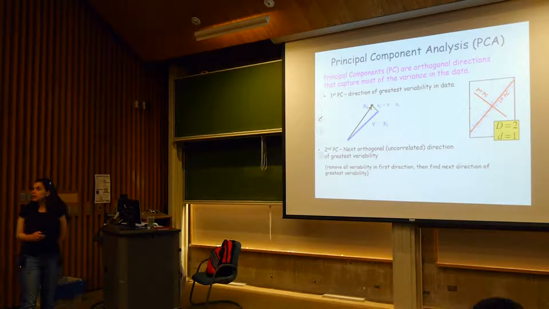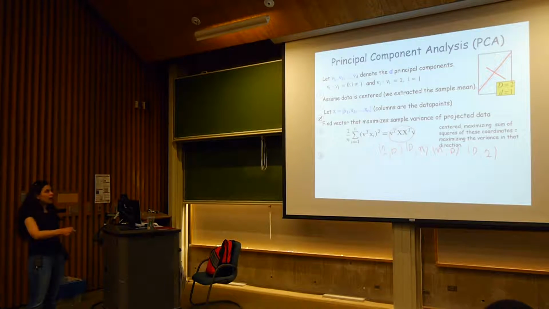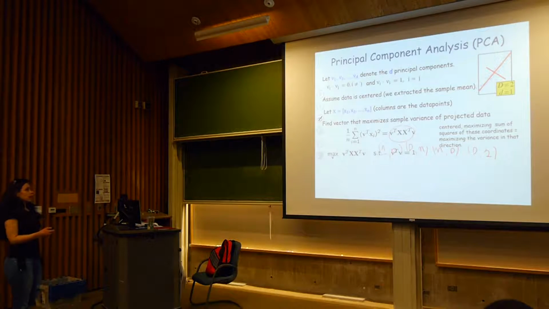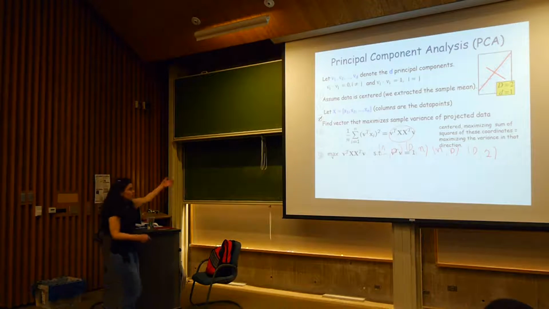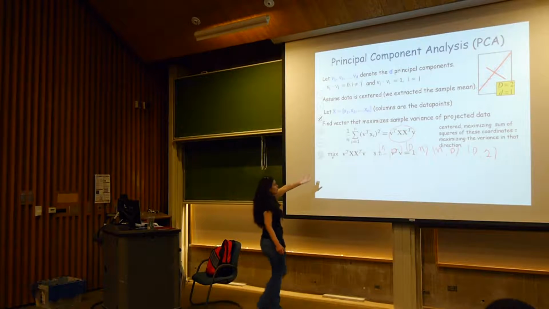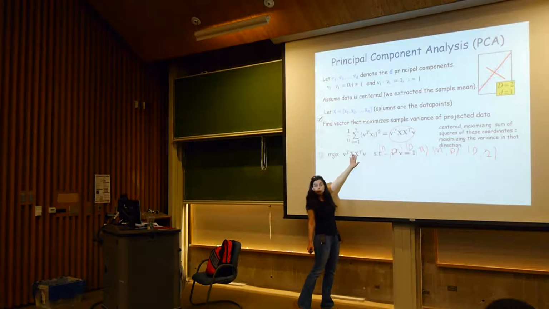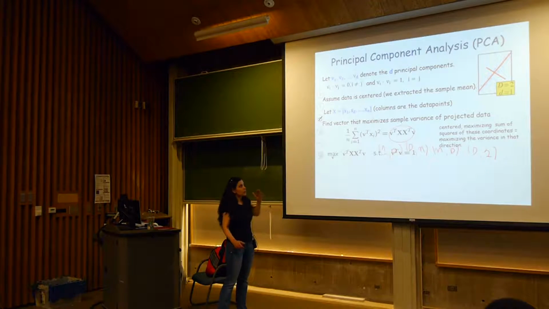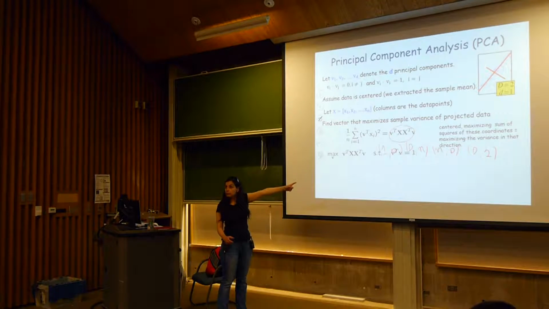That's why, when the norm of V is 1, this is exactly capturing what I want. So I need to search for a vector V of norm 1 so that this quantity over here is maximized, which is just the sample variance of the data projected on the direction given by V.